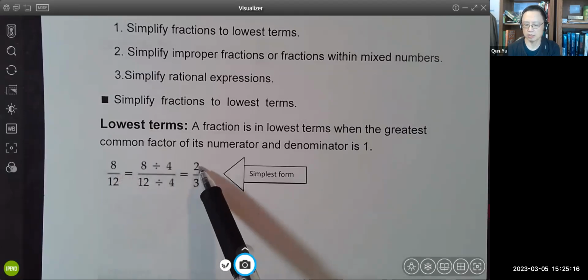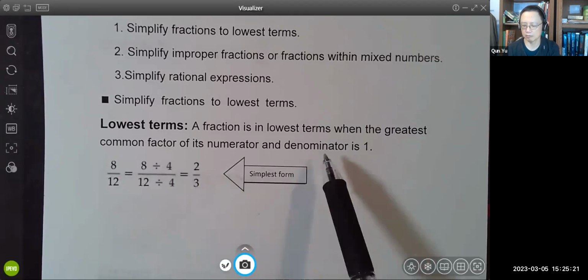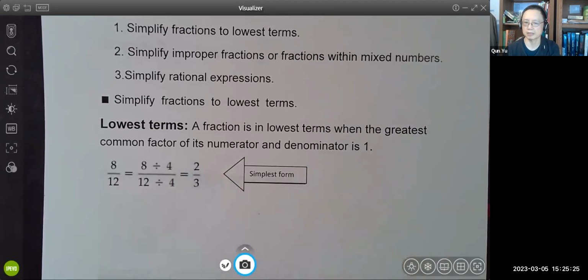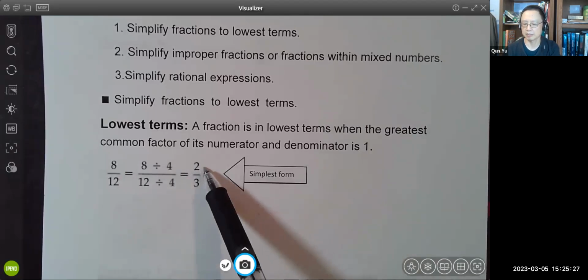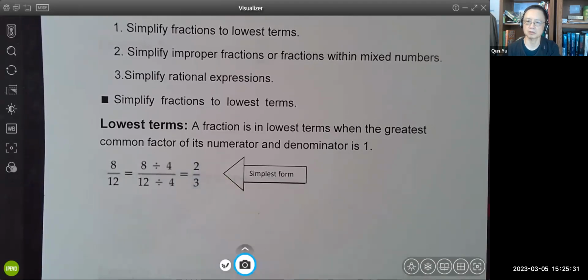But 2/3, if you look at these two numbers, there's no common factors anymore other than 1. So you cannot reduce it further by dividing by the same number on both sides. So this is called the lowest term. You cannot simplify it further because there's no other common factor other than 1.